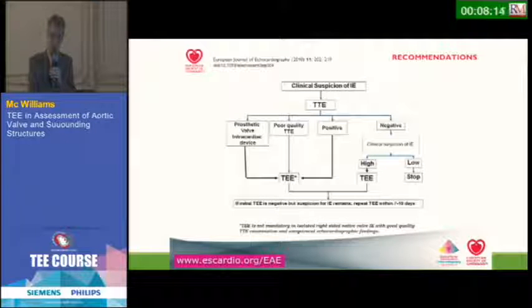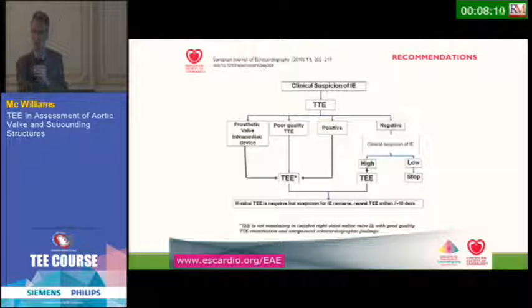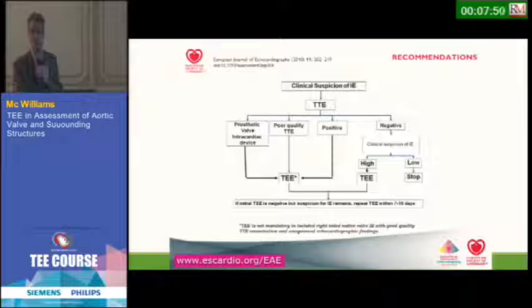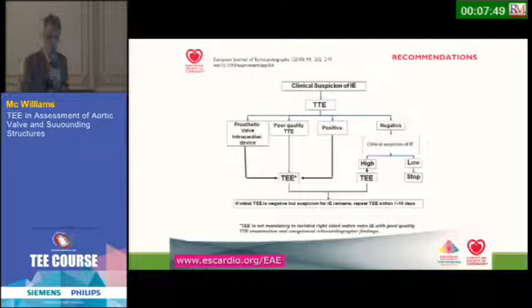And also, if you have a high clinical index of suspicion of endocarditis, even though your transthoracic echo is negative, you'll still proceed to transesophageal echo, because transesophageal echo has a much higher yield or sensitivity in detecting vegetations than transthoracic, probably in the mid 90% sensitivity versus 60 to 70% for transthoracic.